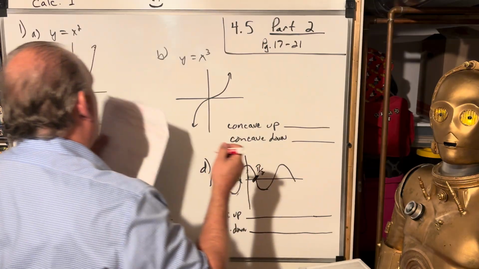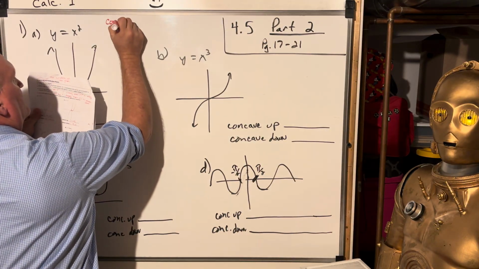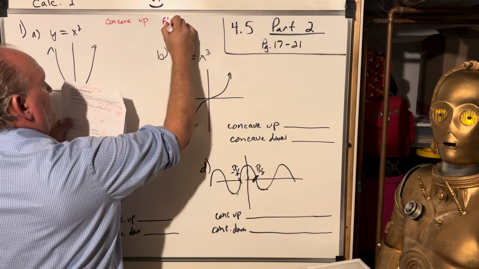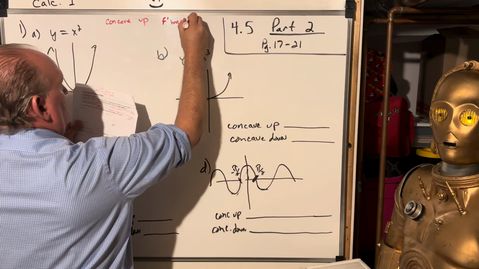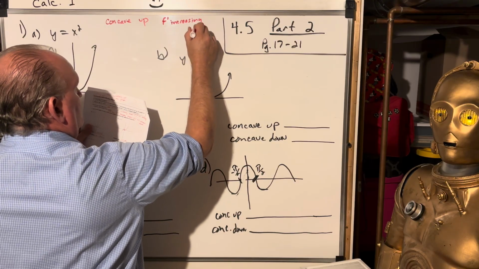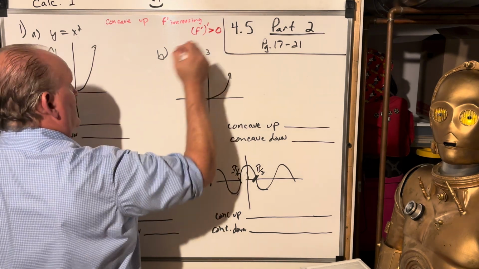So when it's concave up, the first derivative is increasing, the second derivative is positive. That means concave up.